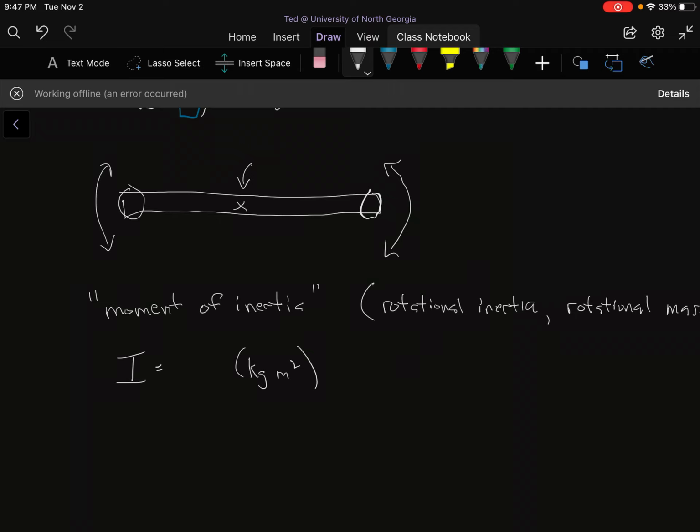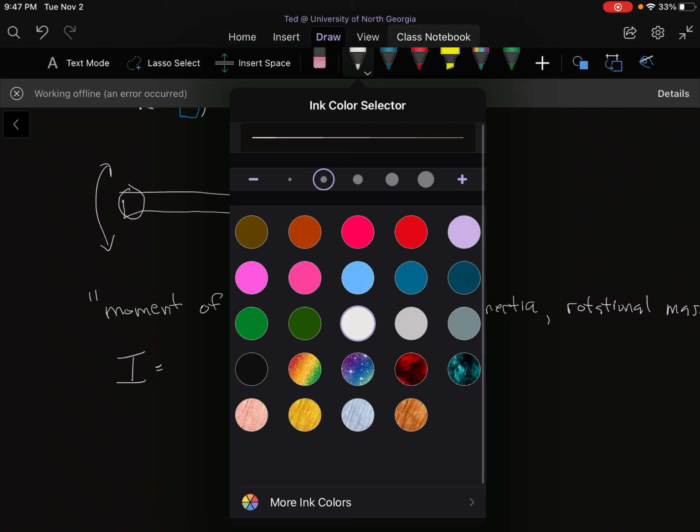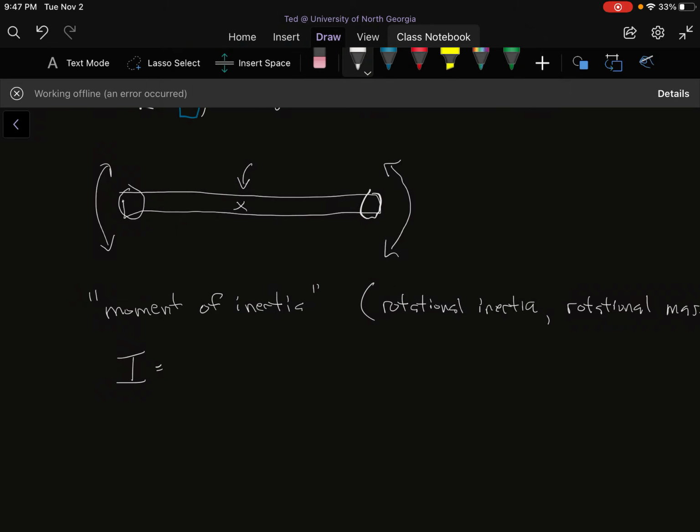Well, if the meter stick's rotating around its center, then we would use the formula for a rod rotating around its center, which would be 1/12 the mass of the stick times the length of the stick squared.